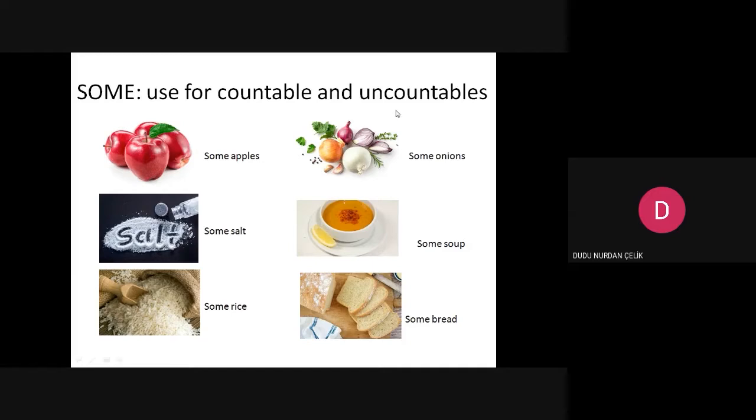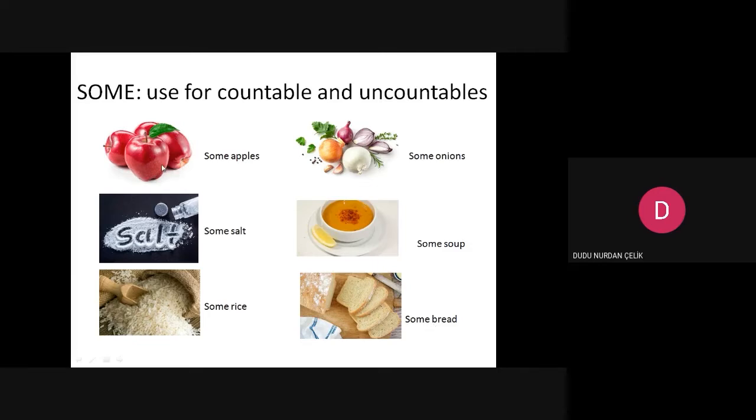And uncountable means you cannot count, like soup. We cannot say a soup because soup is uncountable. Salt. We cannot say a salt because salt is uncountable. Rice is uncountable. Bread is uncountable.